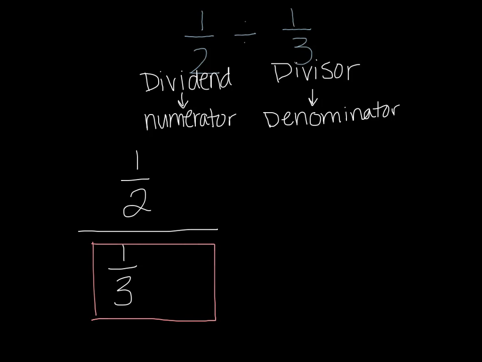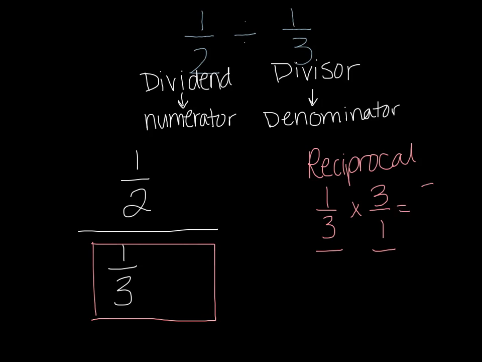Something else you also need to know is the reciprocal. The reciprocal is just when, like in keep, change, flip, you flip the fraction. For example, if I flip 1/3, I get its reciprocal, which is 3/1. The cool thing about the reciprocal is when you multiply a fraction by its reciprocal, you always get a value that is equal to 1.